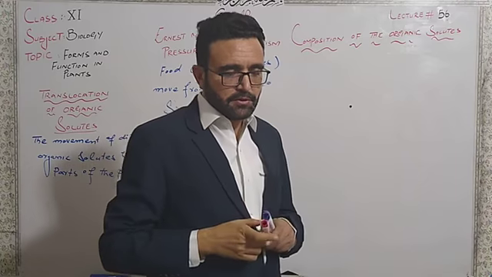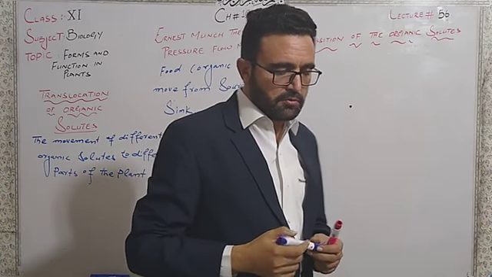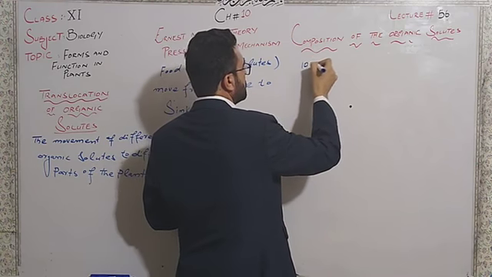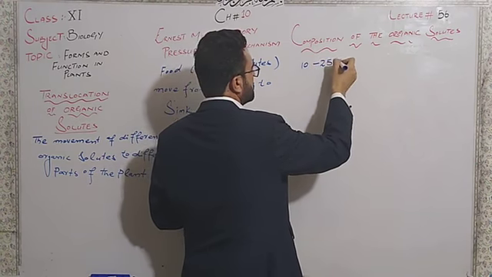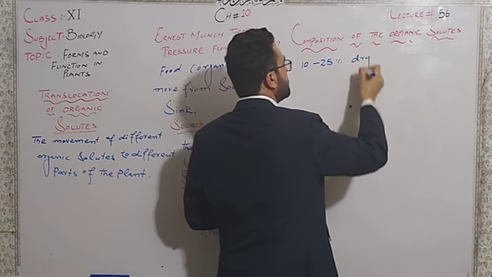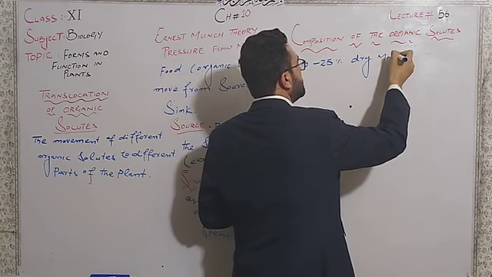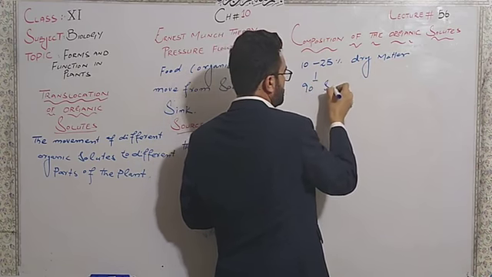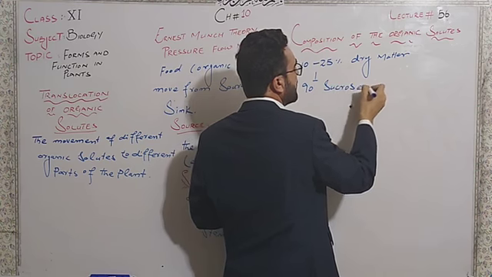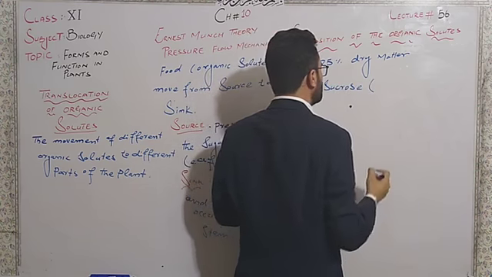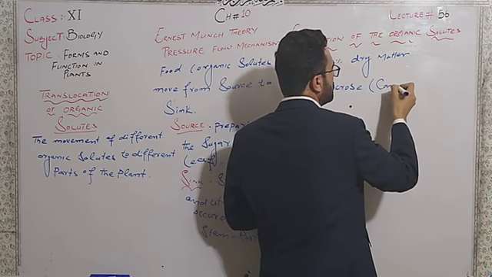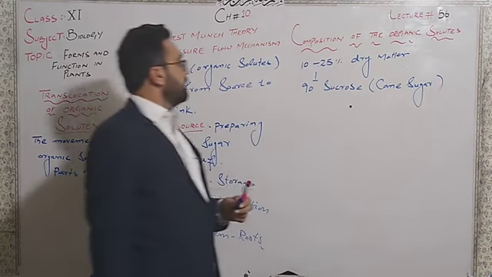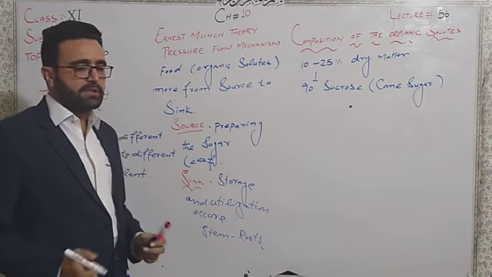In the composition, about 10 to 25% is the dry matter, and 90% of this dry matter is saccharose, which is a disaccharide, also called cane sugar, or table sugar. So this is the composition. Now what is the mechanism?